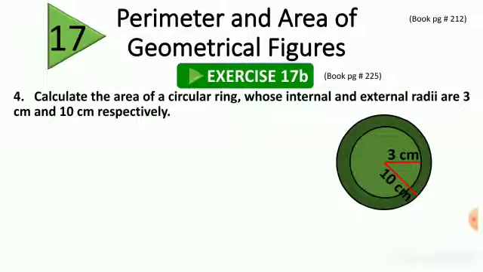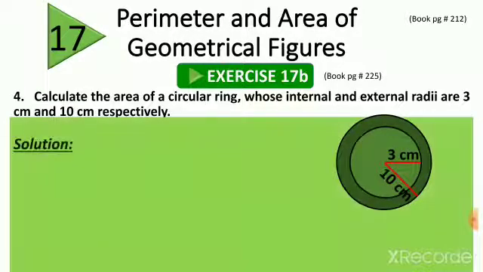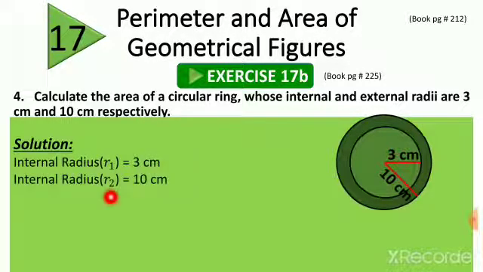Next is: calculate the area of a circular ring whose internal and external radii are 3 centimeter and 10 centimeter respectively. As I have drawn here, you also have to draw this circle randomly. Don't measure these values. You only have to draw random circles and mention the values. Internal radius r1 equals 3 centimeter.